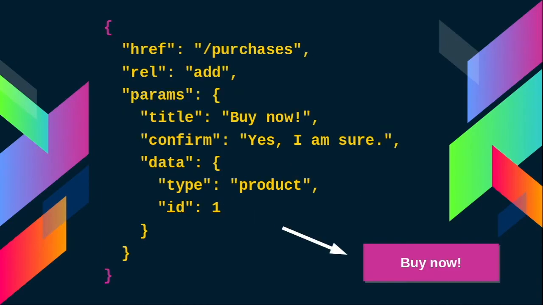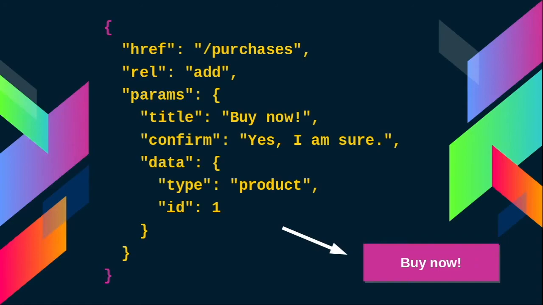So let's zoom in on that link a little bit. Additionally to what I showed, you can also pass parameters. In this case, this link is to build a button, right? And I'm going to pass a title and a confirmation text, and these are things that you decide. There is no structure to it. This is a contract that you write between the server and the front end, right?